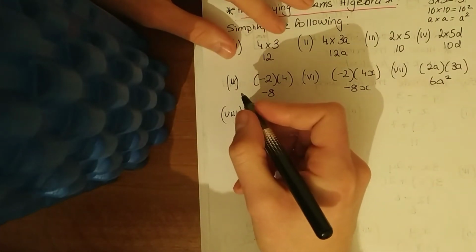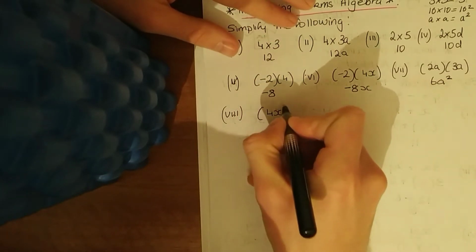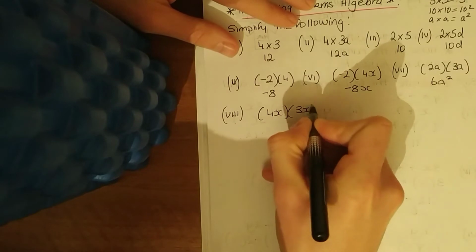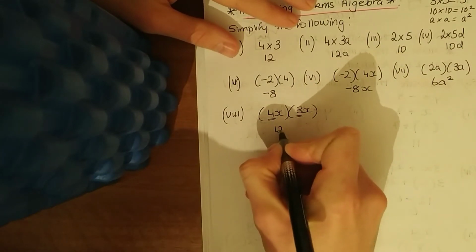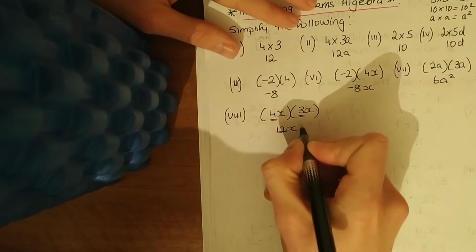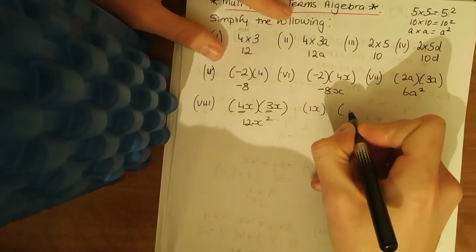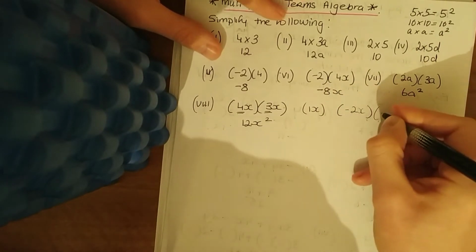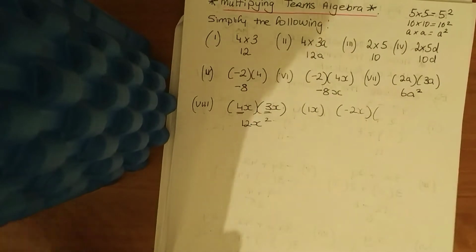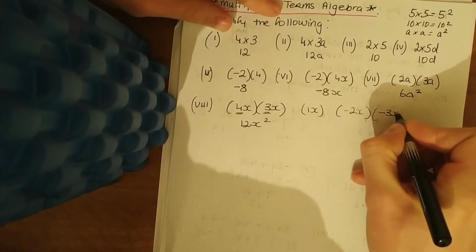So if I had 4x times 3x, do your numbers first. 4 times 3 is 12. X times x is x squared. Throw in a wee minus in here now. Say I had minus 2x times minus 3x.